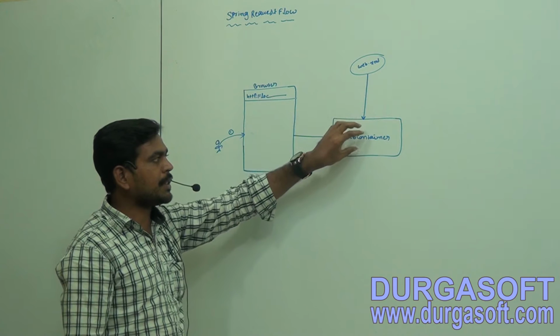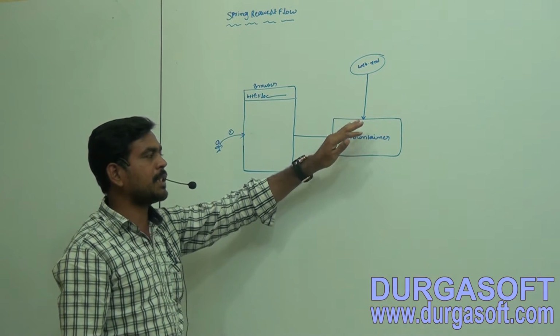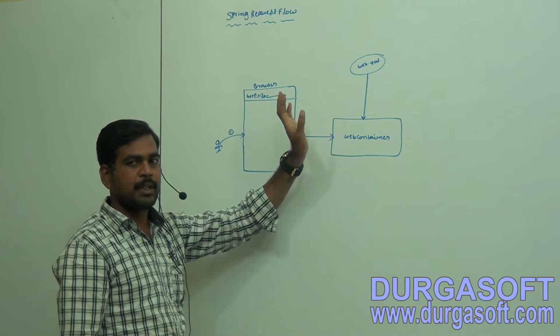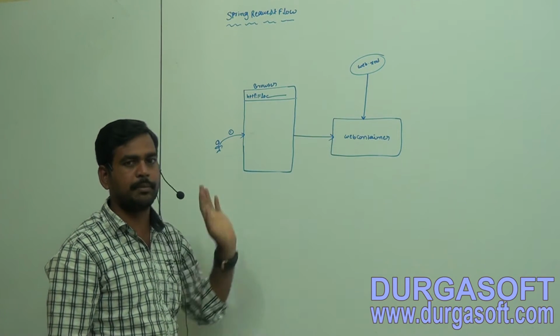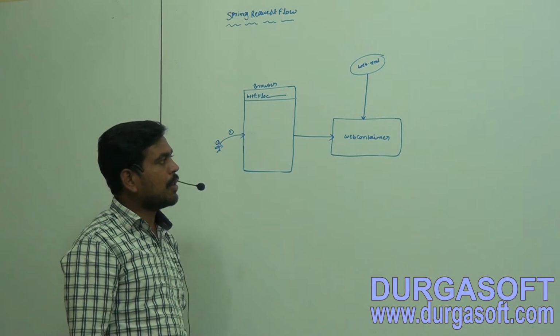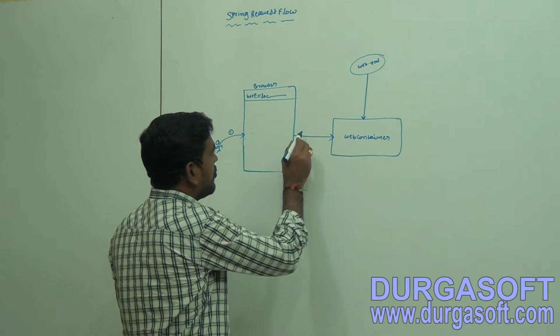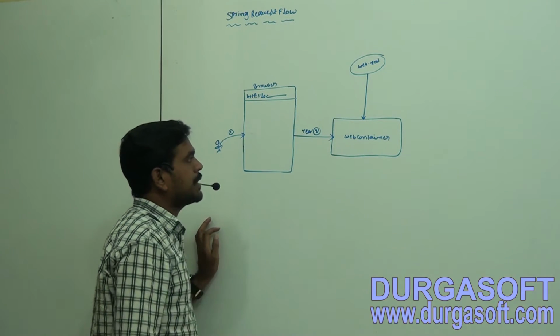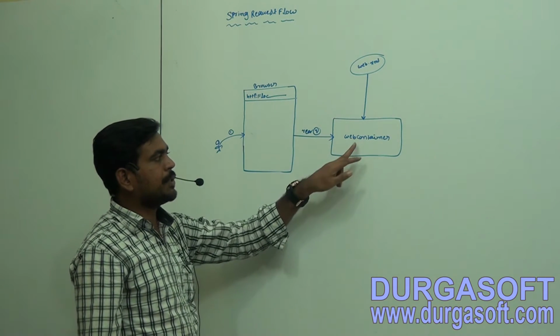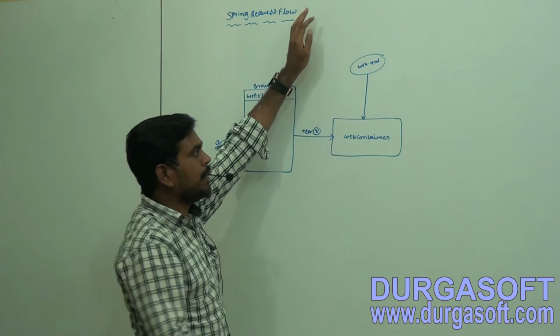Whenever we start the server, the container also is started, and whenever the container is started, all the web.xml files are loaded. So whenever we make the request, the request is transferred to the container.